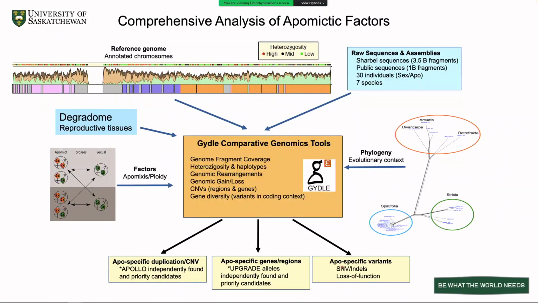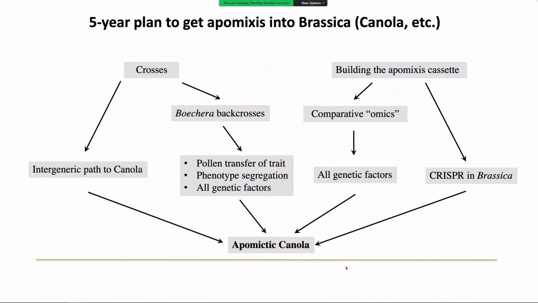And very importantly, we have a lot of apo-specific variants. These are all now in the laboratory, and what we're doing now is putting all of that information together. As I said, we can segregate the different components of apomixis, and as we proceed this year, we will be beginning the mutant analyses of the different genes that we have.